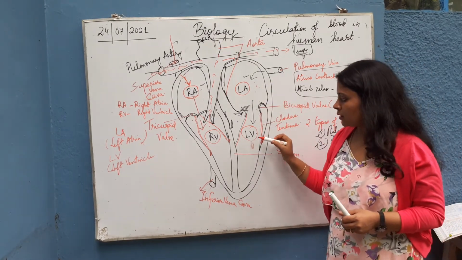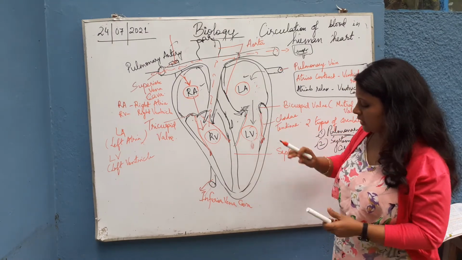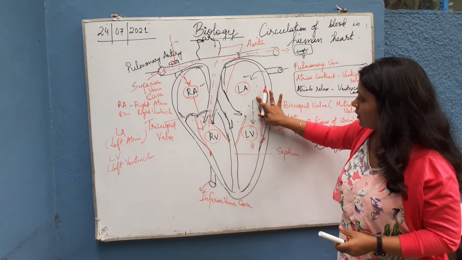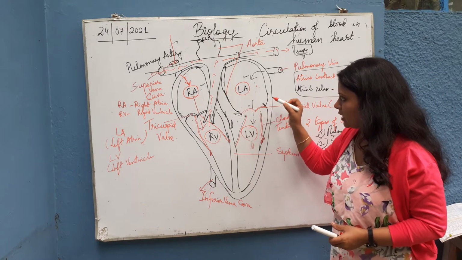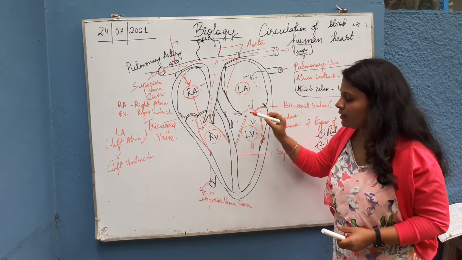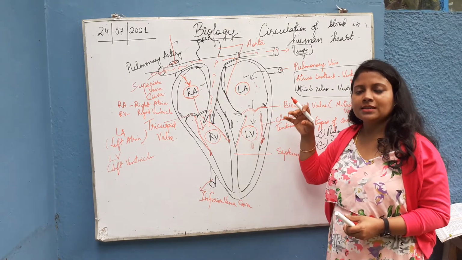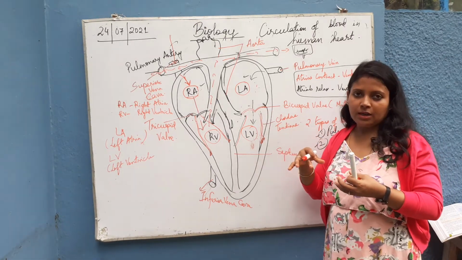So once the blood has reached the left ventricle, it has filled more. So what happens here? The bicuspid valve, which is between the left atrium and left ventricle, tightens and fills up. They are pocket-like structures, so they fill up with the blood, okay.